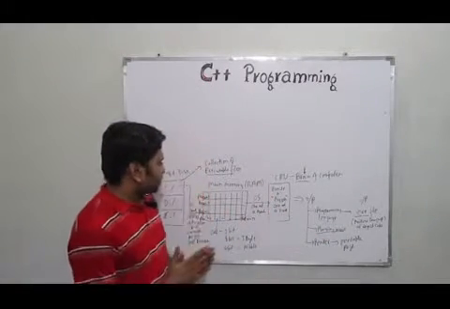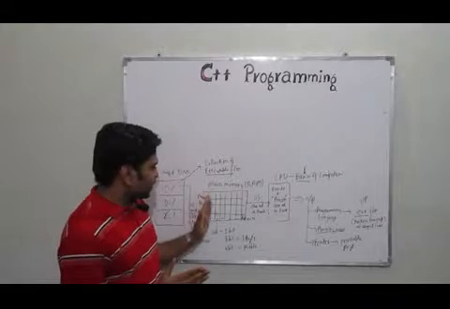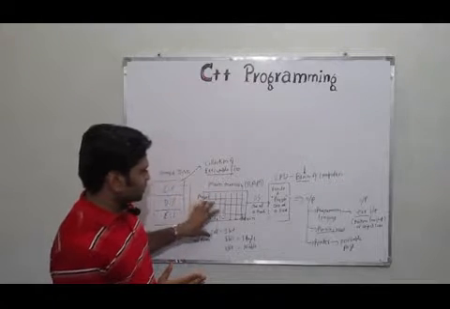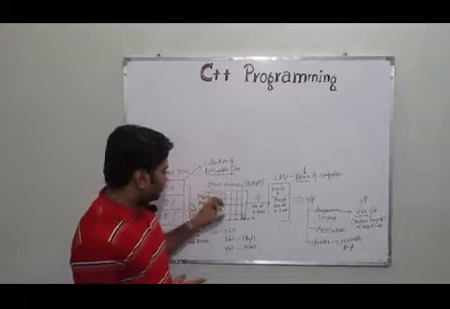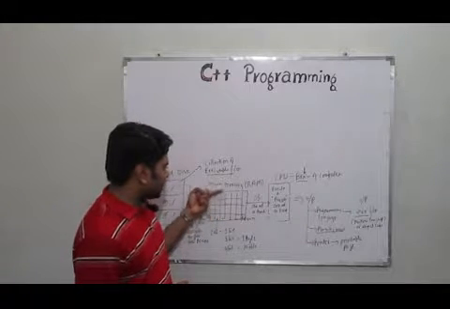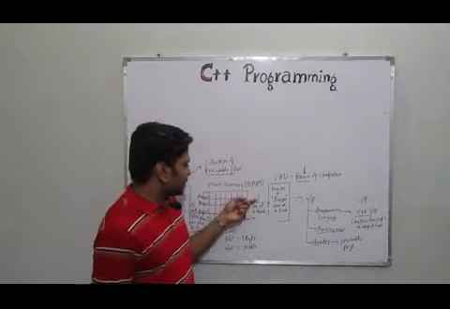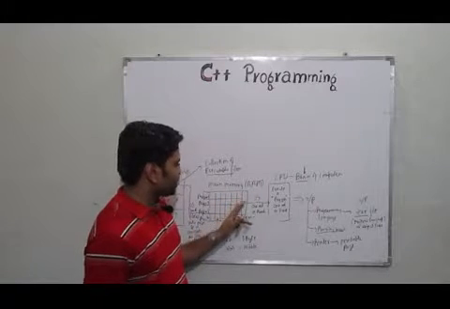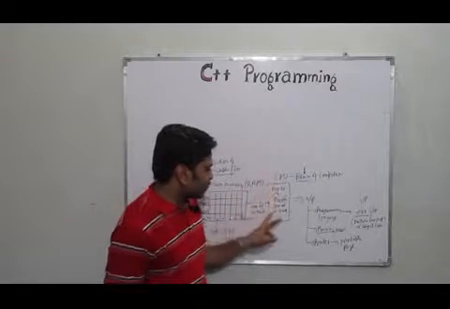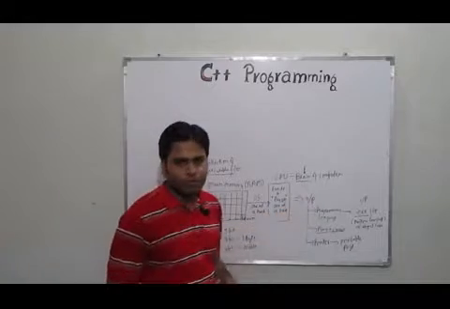The second component is the main memory, which is used to store the processes. The process stored in the RAM, that is the main memory, is dispatched by the operating system to be placed into the CPU, and the CPU executes that process to give you the output.